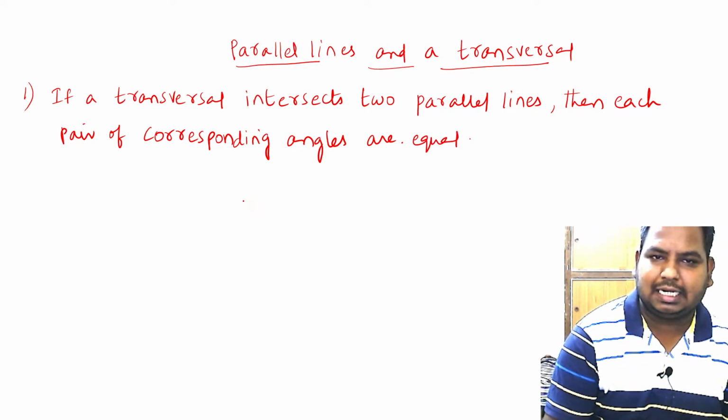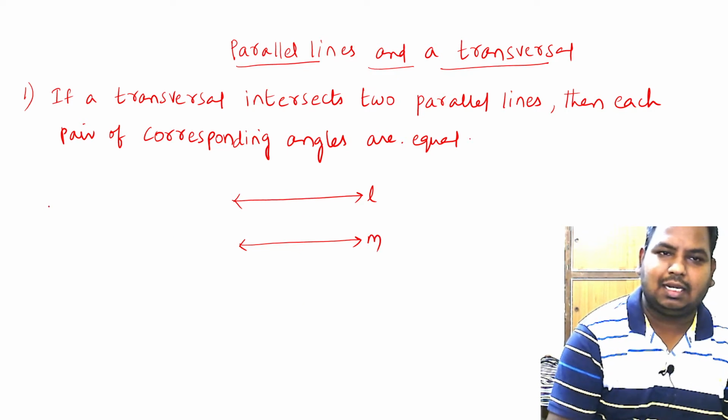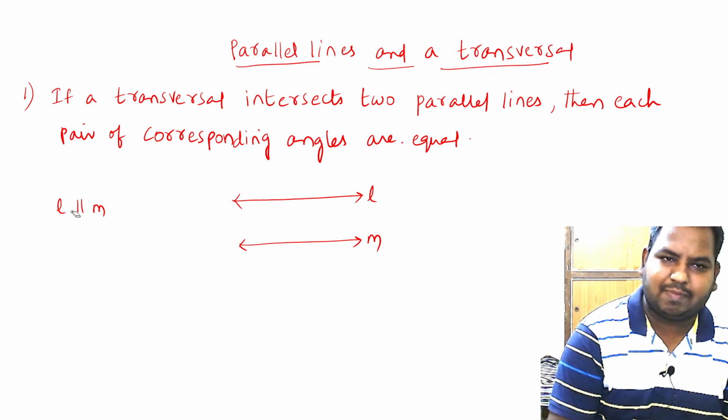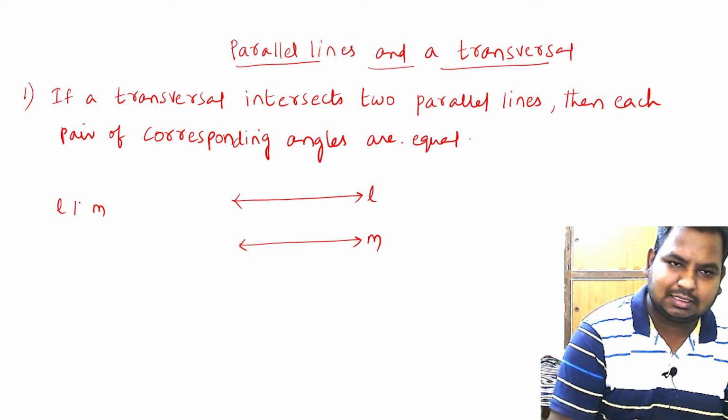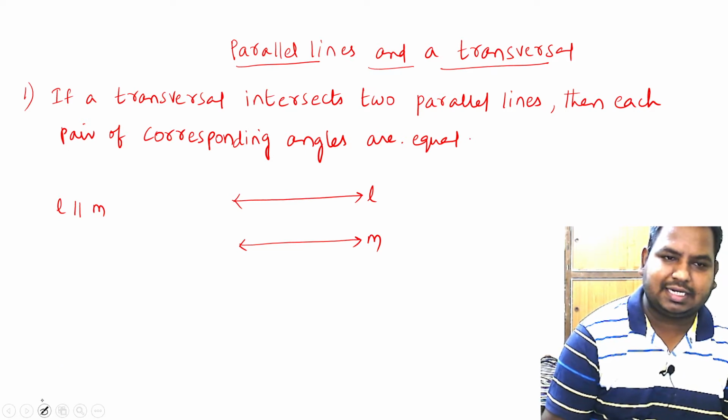So we have two parallel lines. This is one line L, and there is one more line M. These are parallel. L is parallel to M, and these two vertical lines are the symbol of parallel lines. And we have a transversal.